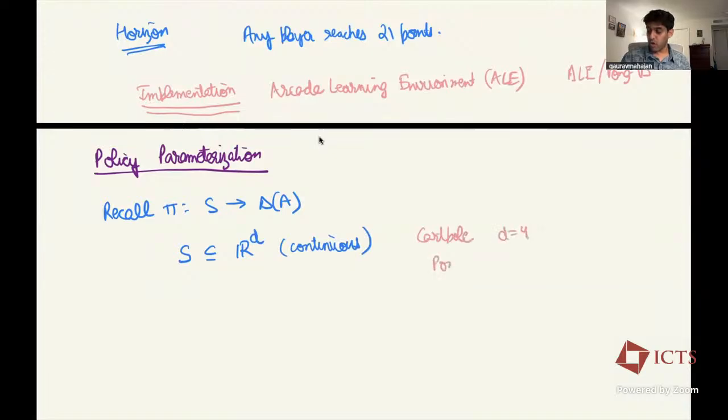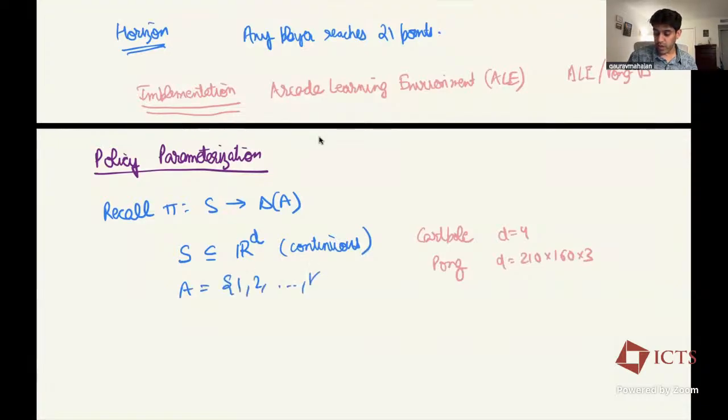And for Pong, D was 210 by 160 by 3. And the actions are 1 through K. For Cartpole, K is equal to 2.